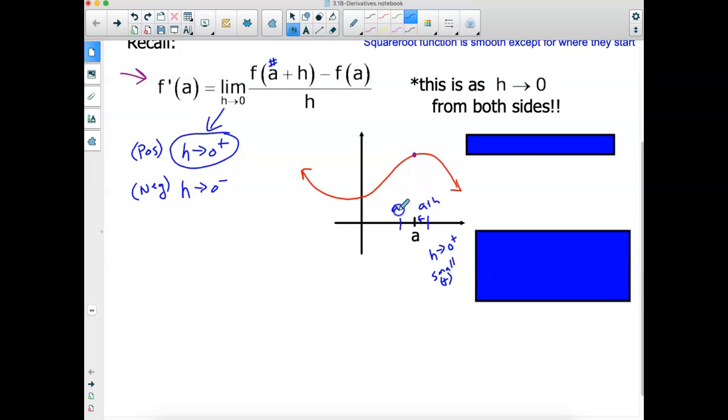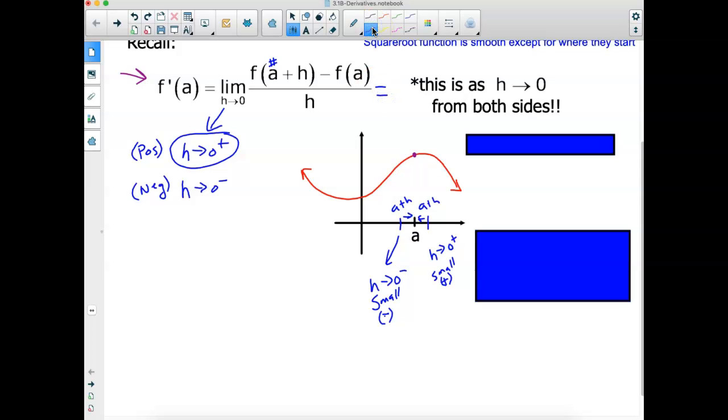If it's a plus h, and this is the limit, I'm not even going to write limit, this is h approaching zero from the left. Well, if I approach zero from the left, that's small but negative, okay? And if I take a plus a very small negative number, now I'm approaching a from the left, okay? That's all that means.